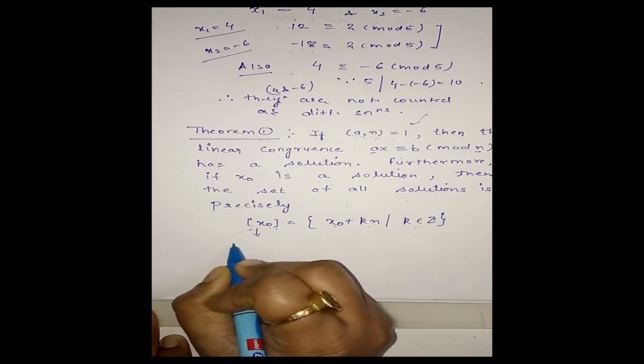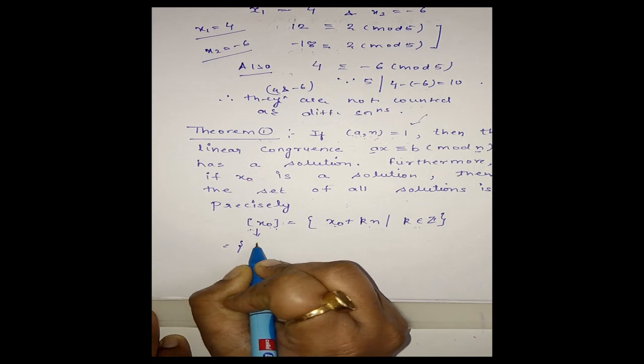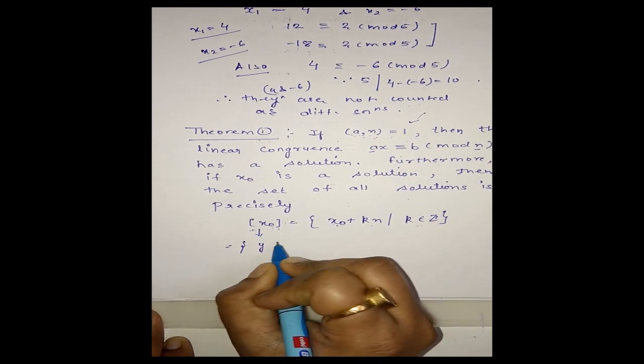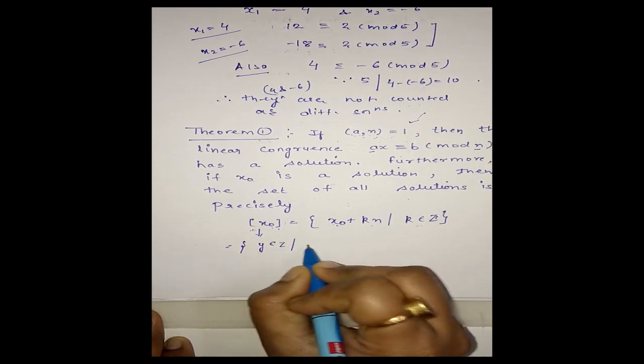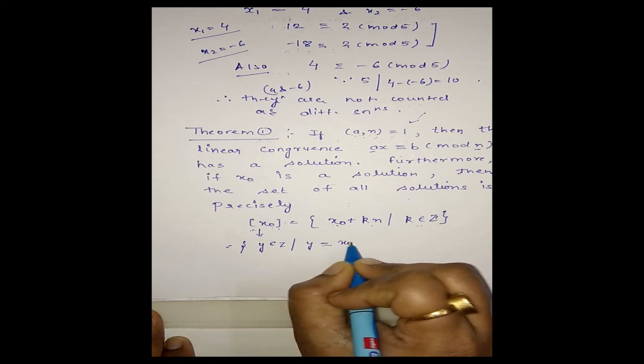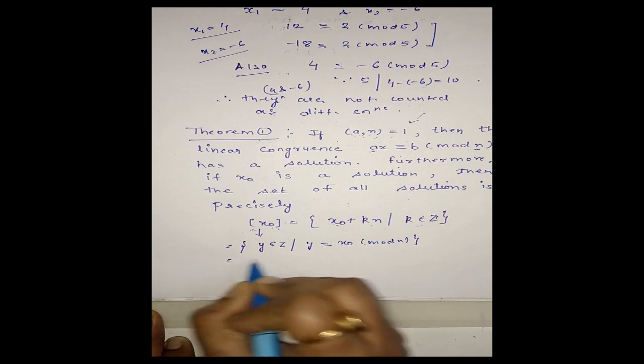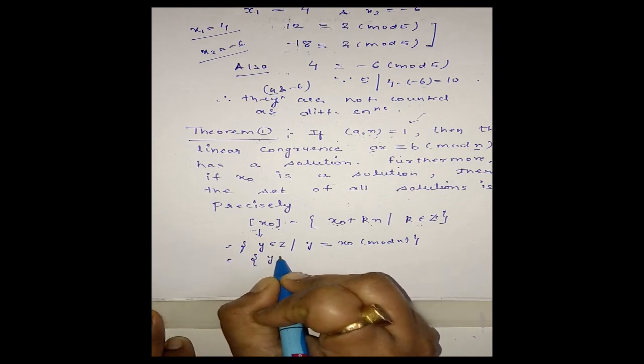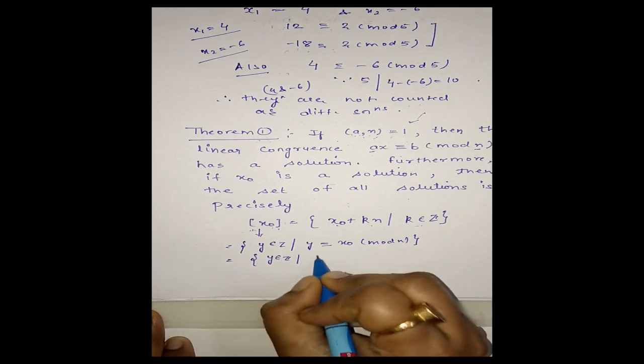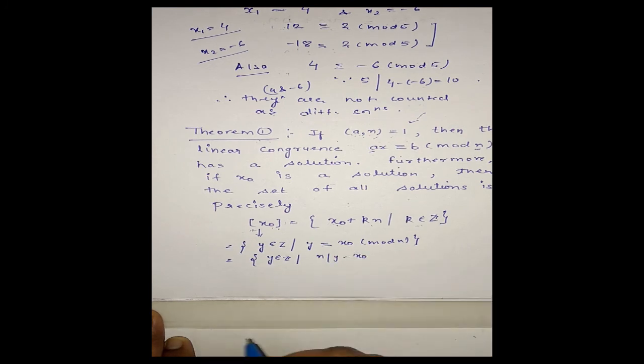Since this set consists of all those y in Z such that y is congruent to x0 modulo n. This is the definition. That is, all those y such that n divides y minus x0.